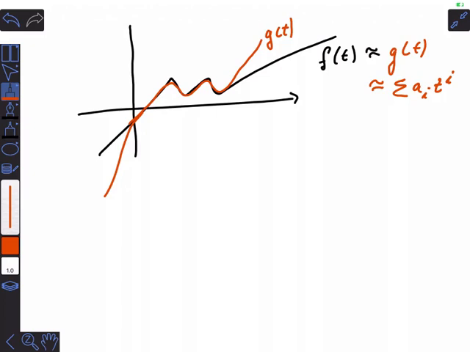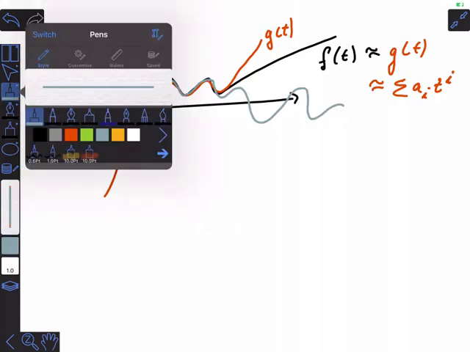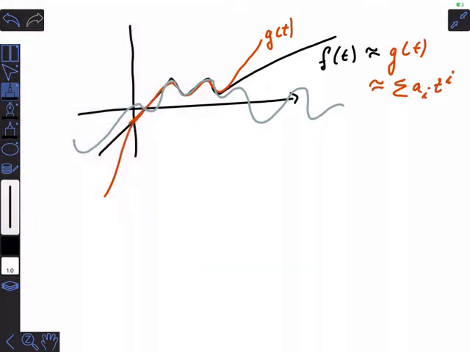Now, it turns out that there's another option, where I could use what's called a Fourier series. I'm going to approximate it not by a polynomial, using what are called basis functions. In this case, it's t to the i, a family of functions.